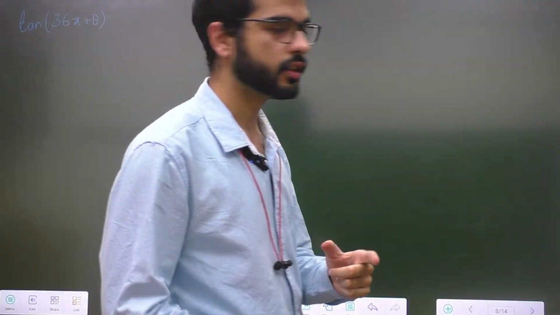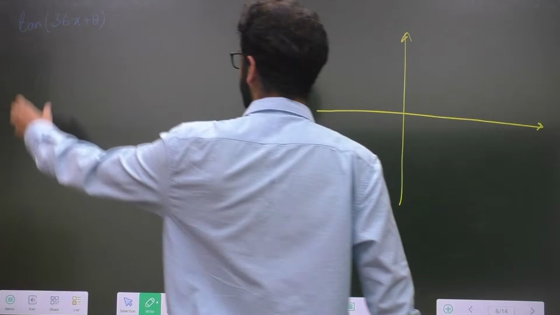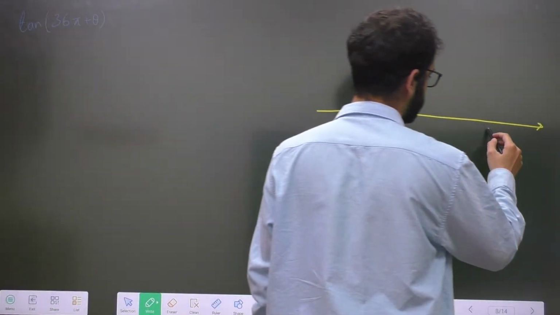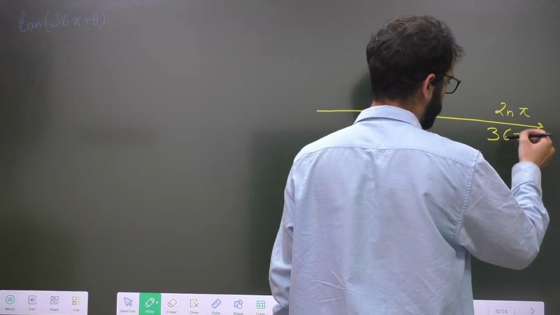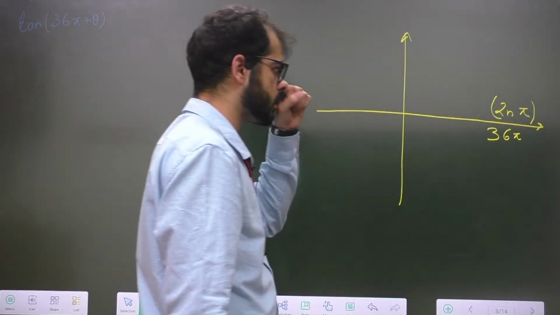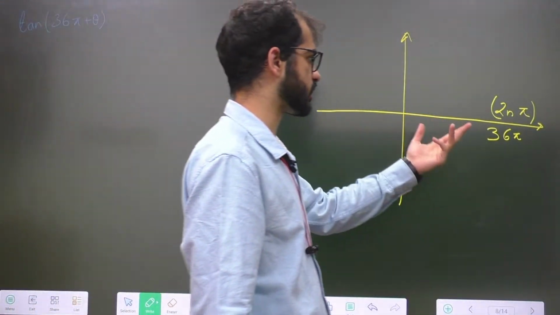The question says tan of 36 pi plus theta. The smart ones might have already answered, but let's try to understand how that answer came. 36 pi is going to lie over here, since the general term for the angles referring to the positive x-axis is 2n pi, that is an even multiple of pi. Even multiples of pi will lie on the positive x-axis.